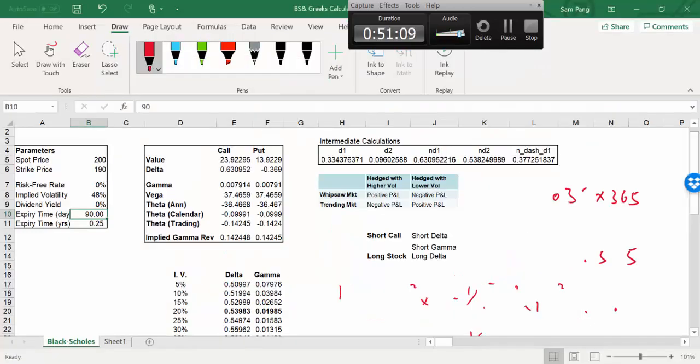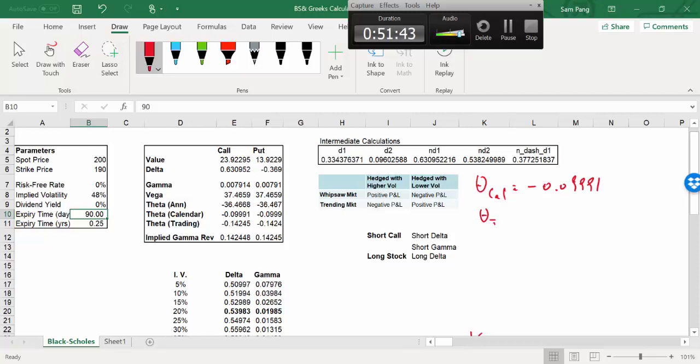Okay, so first of all, the calendar day theta is minus 0.09991.